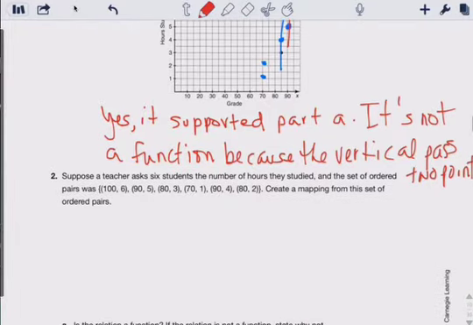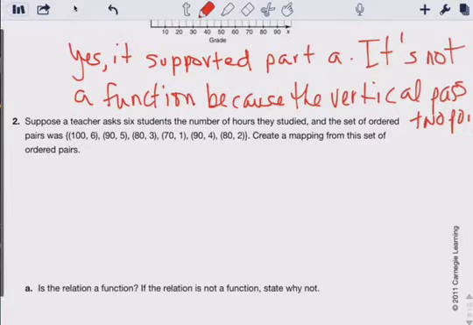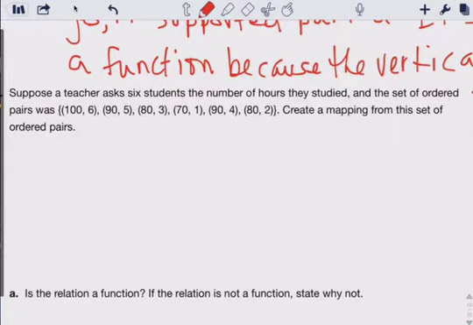Okay? I wrote too big. I can't get this any smaller because I won't be able to read.